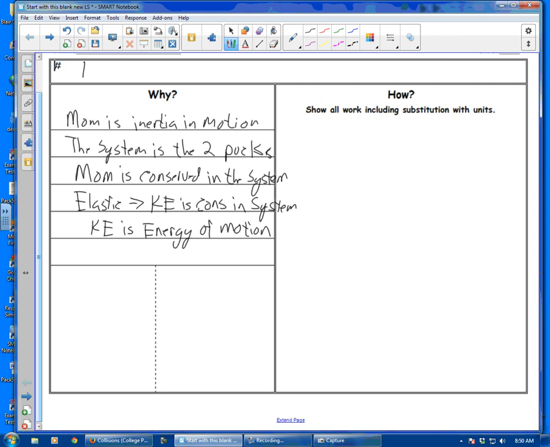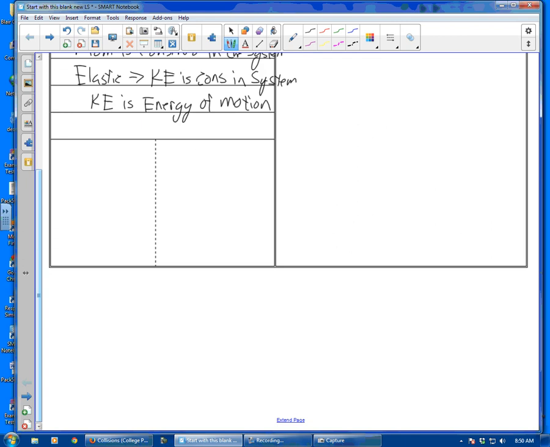So, remember, don't be intimidated by my artistic abilities. Let's see, we have our ice puck, which we call IP, and we have our normal puck, which we'll call P, and they're going to be separate afterwards.